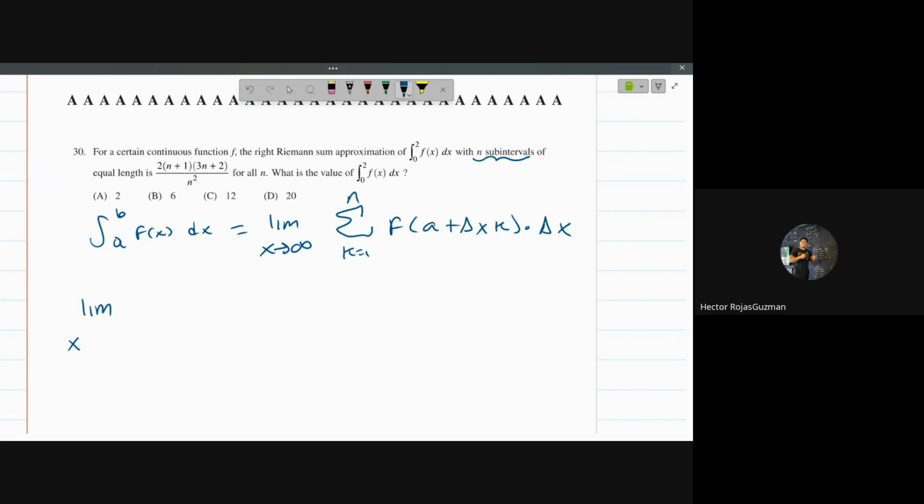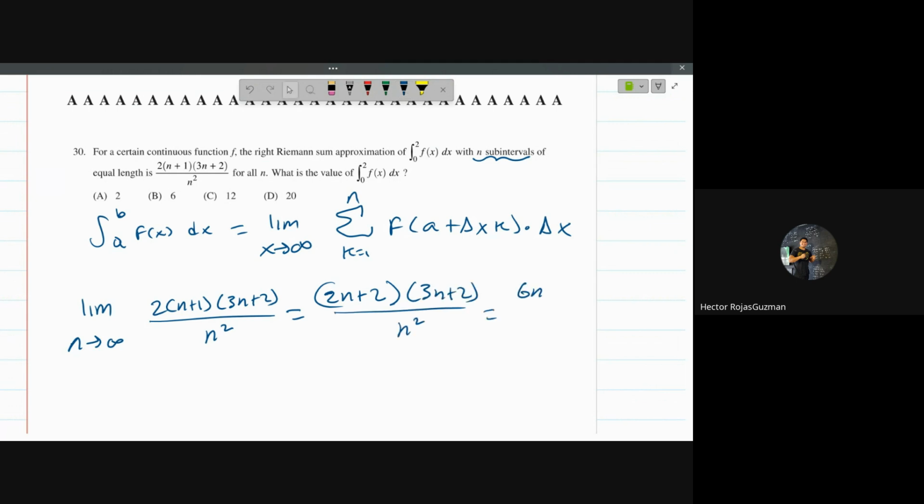So you're going to take the limit as n approaches infinity of 2n plus 1 times 3n plus 2 divided by n squared. This is the limit. 2n plus 1, 3n plus 2 over n squared equals 6n squared over n squared. I'm only going to take the power functions because those are the ones that matter, which is equal to 6. And that's what the value of the integral is. 6.